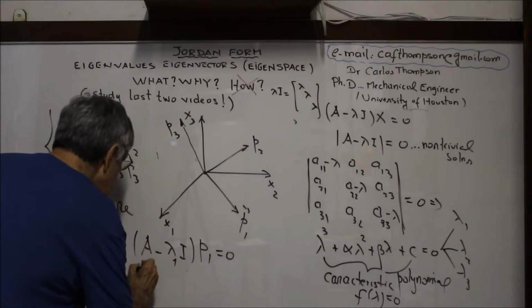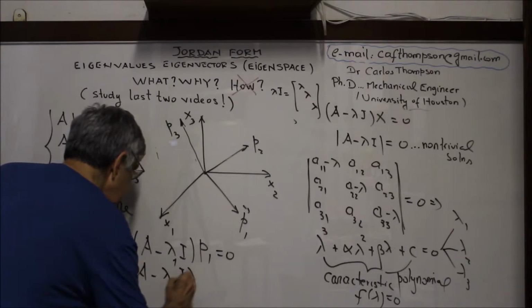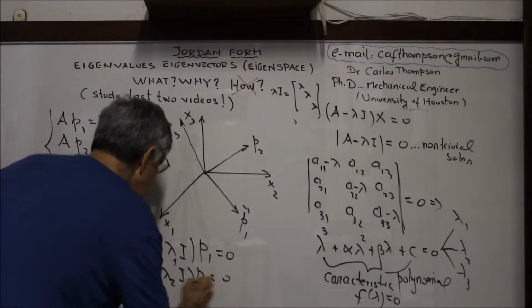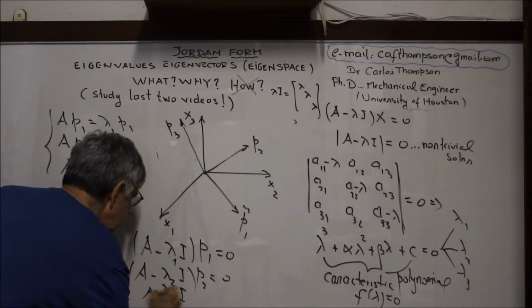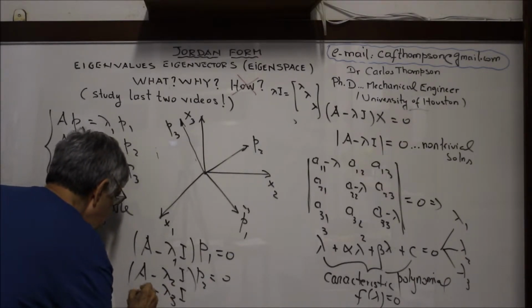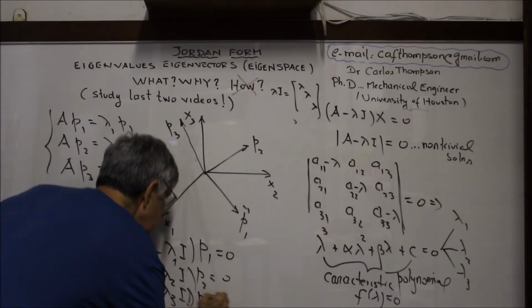The other equation, A minus lambda 2 I, P2 is equal to 0, and then A minus lambda 3 I, P3 is equal to 0.